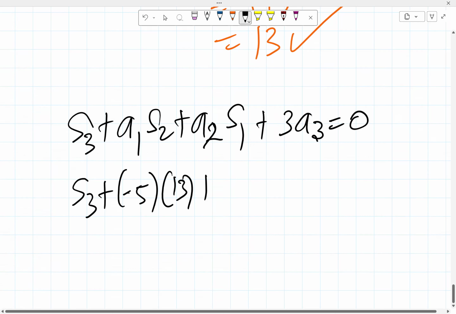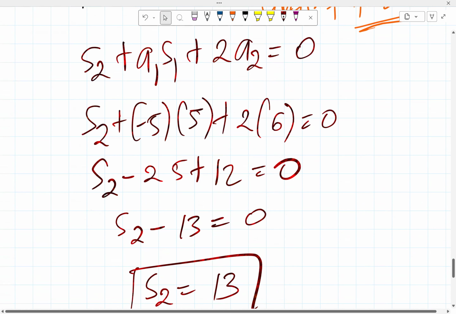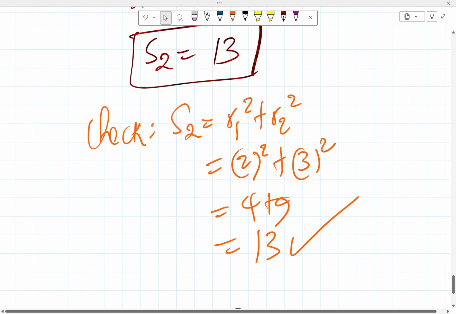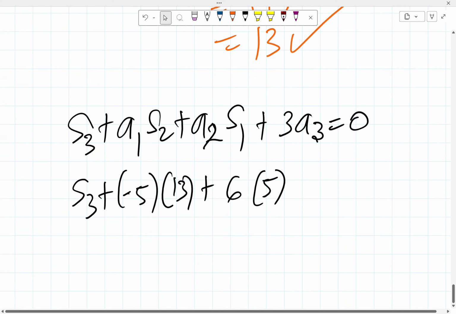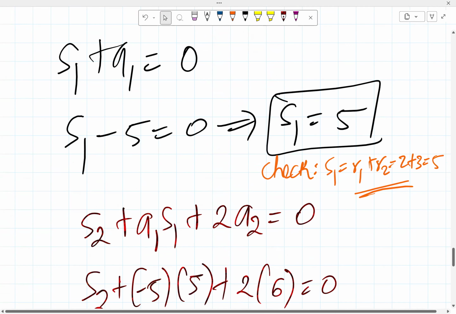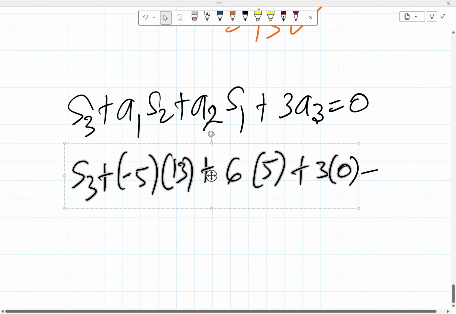A2 is 6. Then S1 is 5, the first one we got right there. Then 3A3 is 3 times 0 because there's no A3. We only have A1 and A2. So A3 is 0, and all of this is equal to 0.